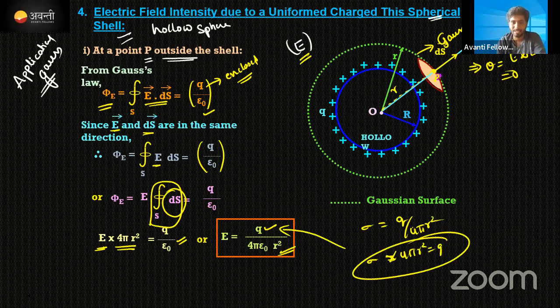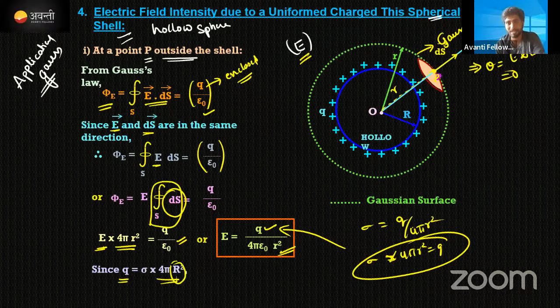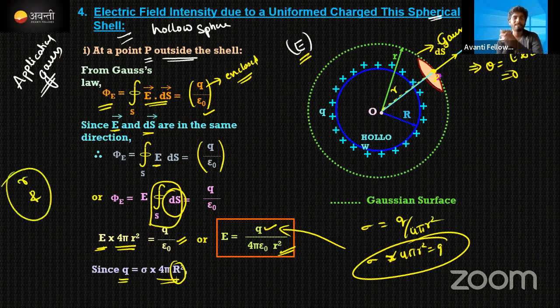I am saying, no problem. Look, here the charge value will be equal to sigma into 4 pi r square. This capital R square is the radius of the hollow sphere that we took. But small r square is the distance of point P where we are considering. There is a difference between these two.